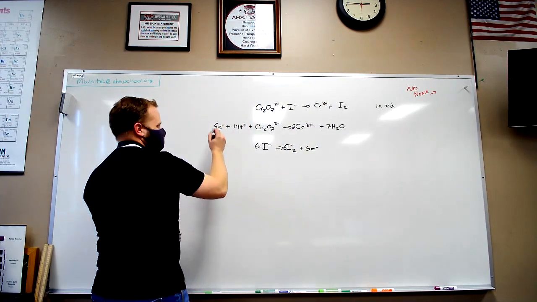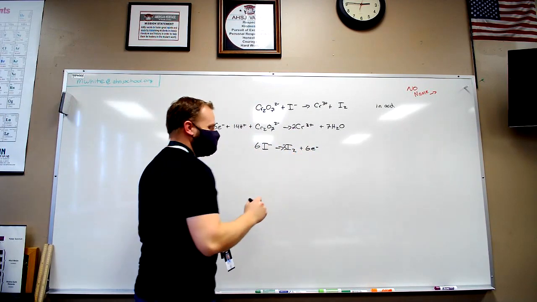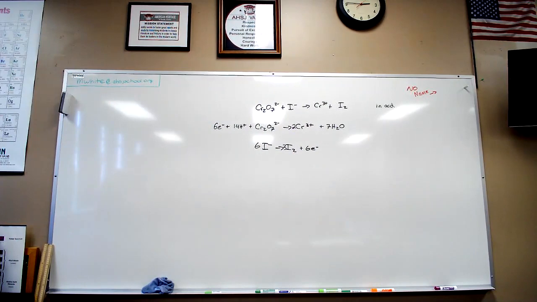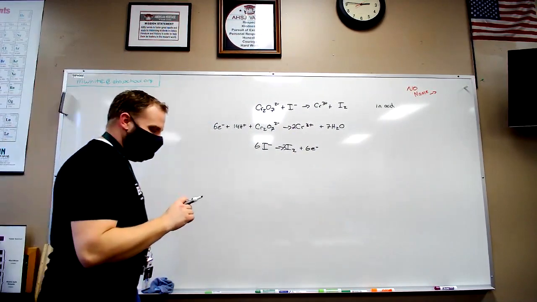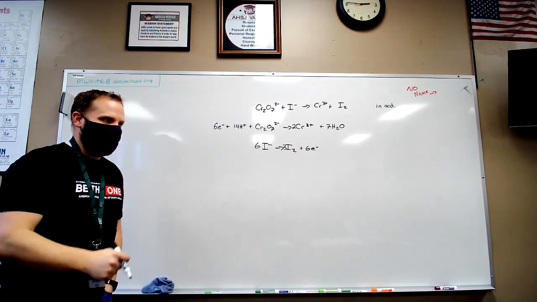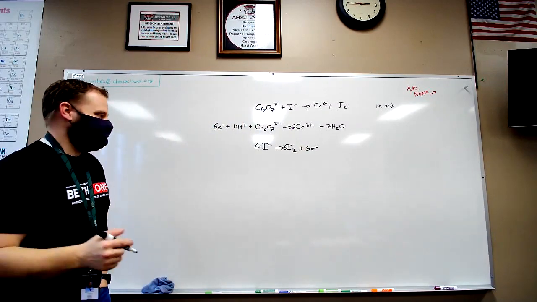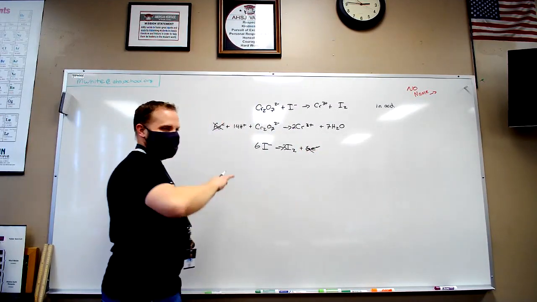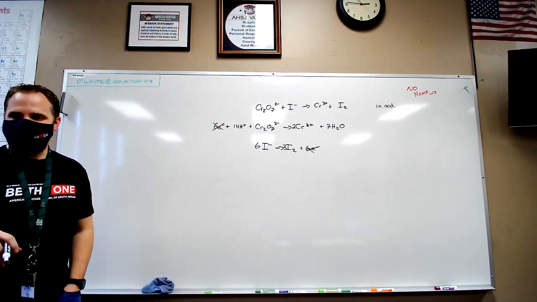So now, 6 electrons, 6 electrons. Once again, as with just about everything in this class, as you get more comfortable, you can do more steps in your head. When I'm doing this, I say, okay, I know that these electrons are going to cancel out, so I don't even bother with them after I add them together.